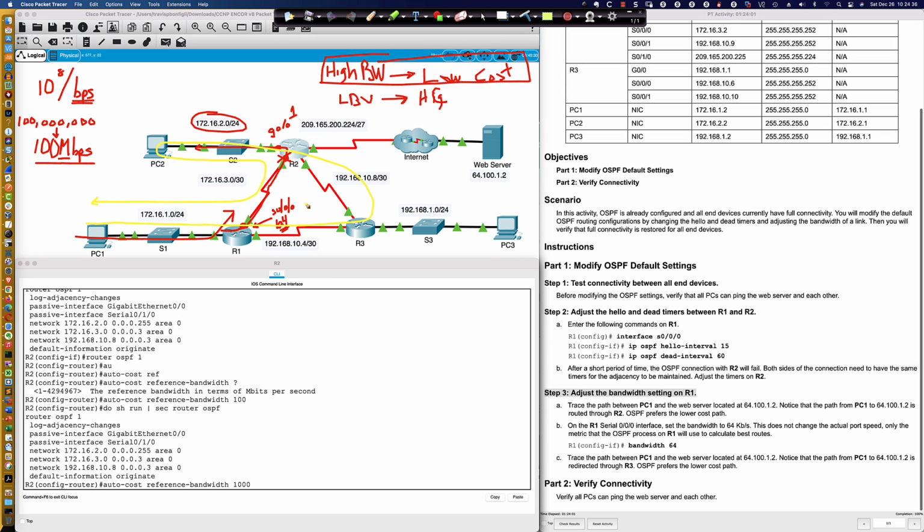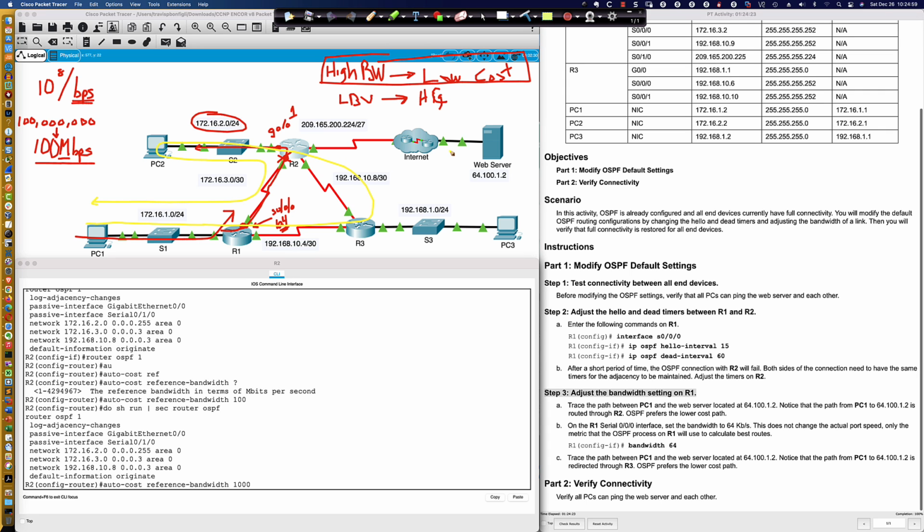Now, could you make the argument that asymmetric routing is not a bad thing? Sure. What would the use case be? Maybe you want all traffic from this LAN segment to come across this link for whatever reason, because the internet traffic is more important, right?